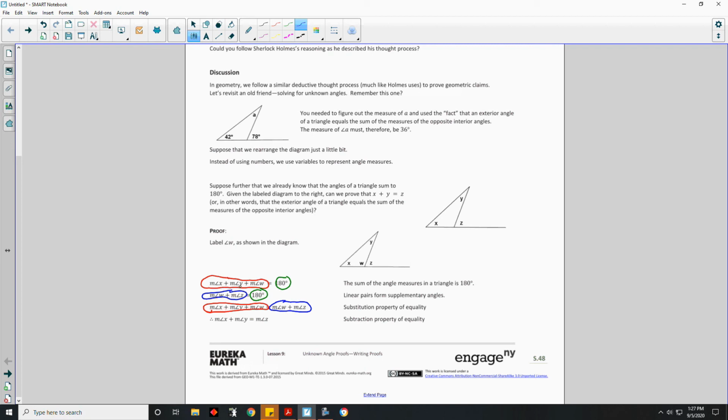It's a transitive property. So if the red equals green and green equals blue, then red equals blue. So therefore we can conclude the measure of angle x plus the measure of angle y equals the measure of angle z. And where we get that is, if we subtract w, let me get rid of these circles now.